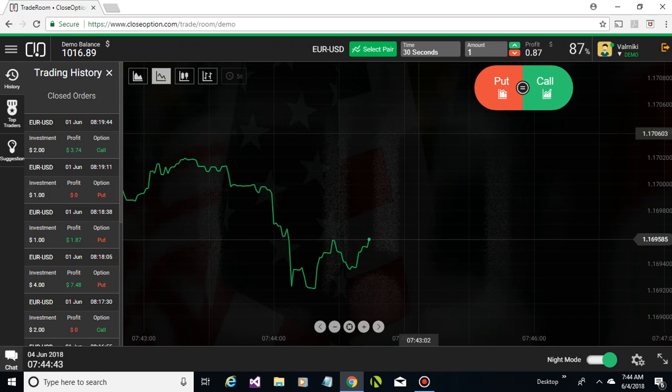Avoid the Tokyo session, and also avoid the lunch break on the US or London session, because that's the time when there's not much volume and liquidity. It could be extremely risky going into a trade and trying to do a martingale on that, which could end up in total loss.